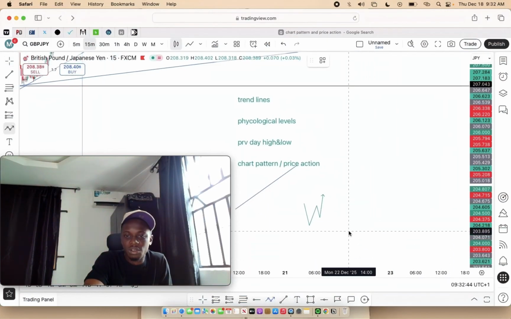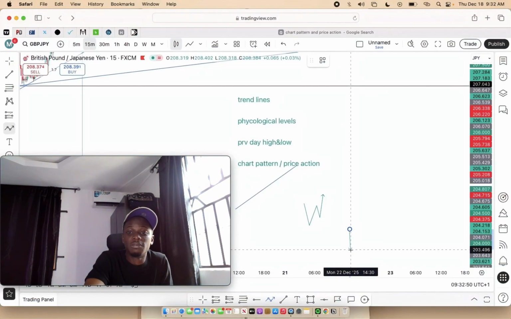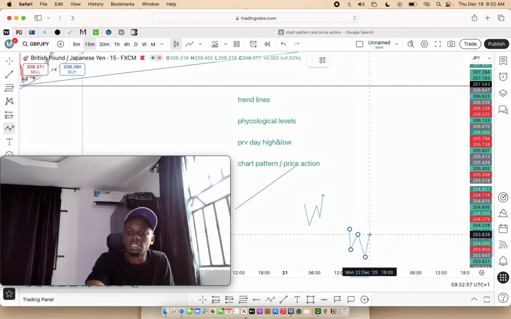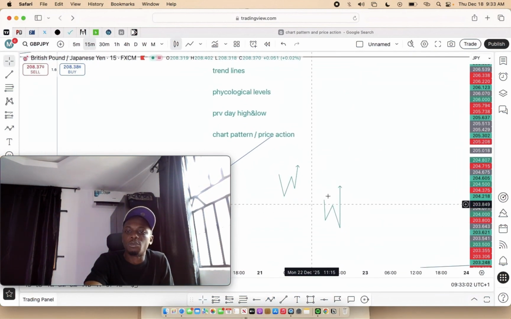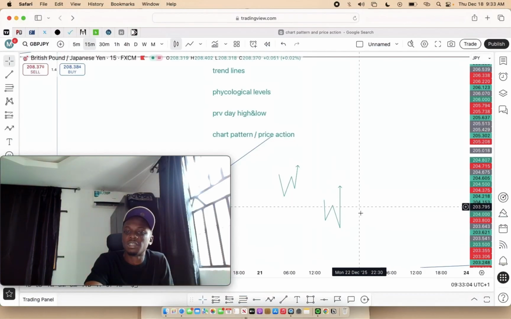It's not possible to always have the same type of chart pattern formation. Some are very terrible. It's just for you to understand. We have some like this, and we also have the normal ones.